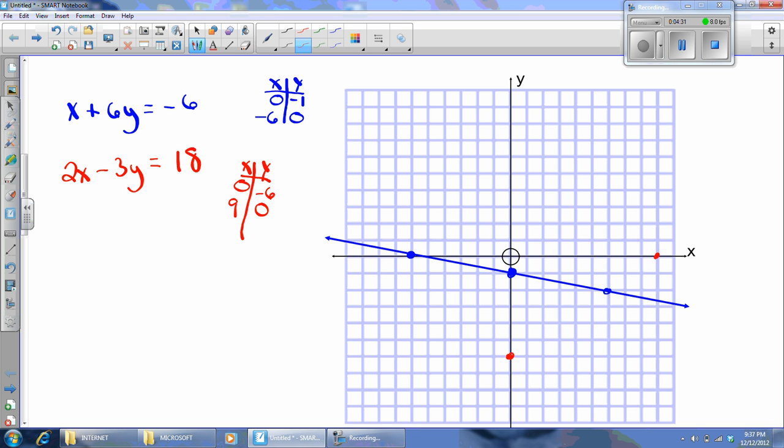So 9, 0 is right there. All right. Now if you think about it, my slope would be up 6/9, which is the same as 2/3, isn't it? So if I wanted a couple points, I could go 1, 2, 1, 2, 3. Oh, look at that. I put a red point on top of the blue point. That's going to be my solution.